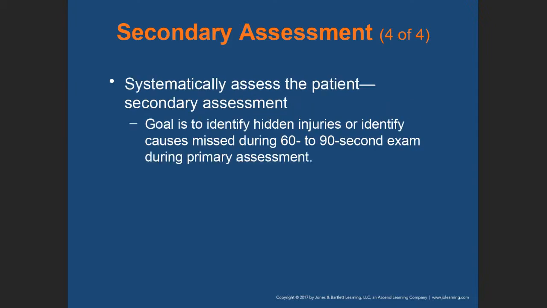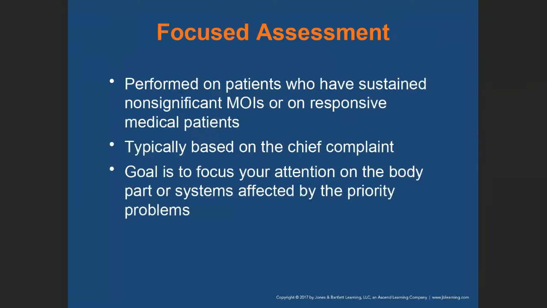So systematically assess the patient, right? The goal is to identify hidden injuries or identify causes missed during the 60 to 90-second exam during your primary assessment. I've said this previously. The focus assessment can be a focus assessment, or it can be a detailed head to toe. It is performed on patients who have sustained non-significant MOIs or an unresponsive medical patient.